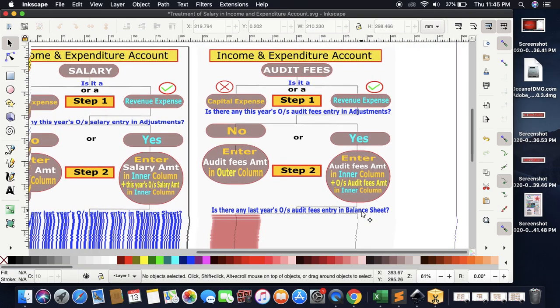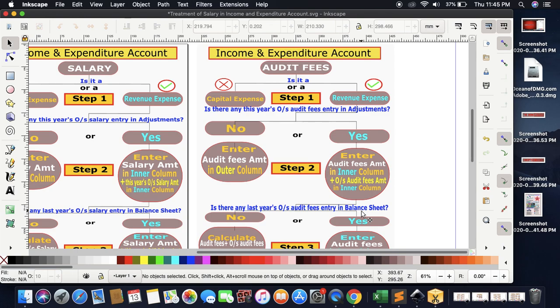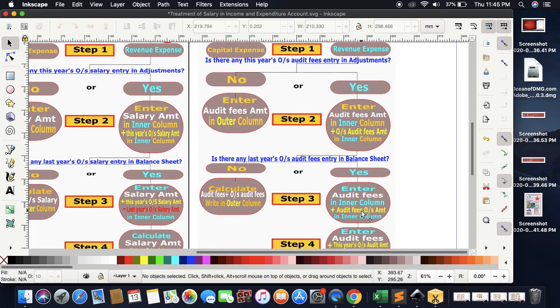So basically there are 4 steps. First step is whether it is a capital expense or a revenue expense. Second step, whether there is an outstanding fee in the adjustments column, that you need to add with this year's audit fees or salary or rent or interest, whichever item it is.